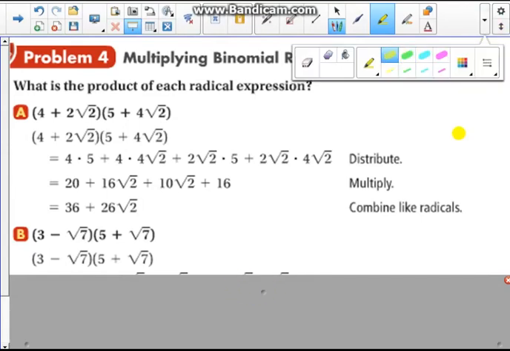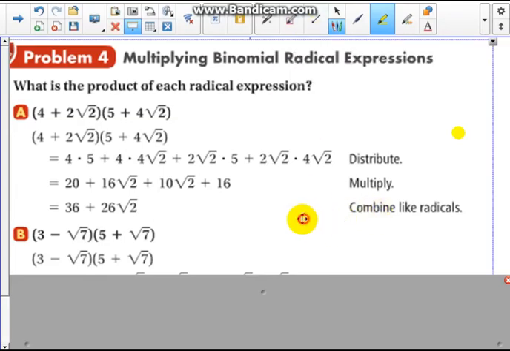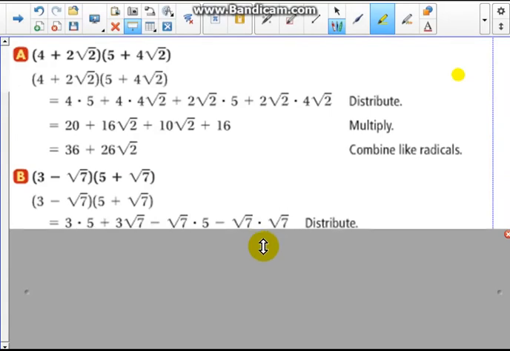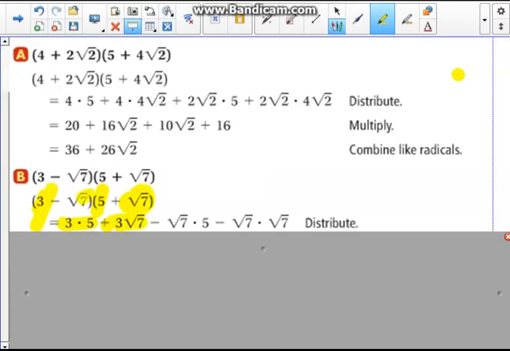All right, so the first one, we're going to do the first, so 3 times 5. Outside, 3 times radical 7. Inside is negative radical 7 times 5. And then last is negative radical 7 times radical 7. So there it all is.